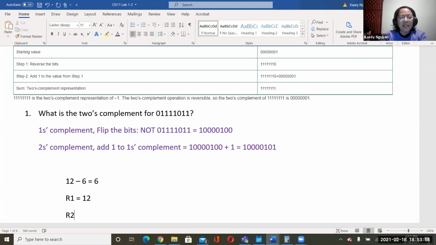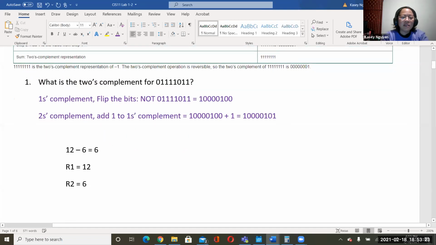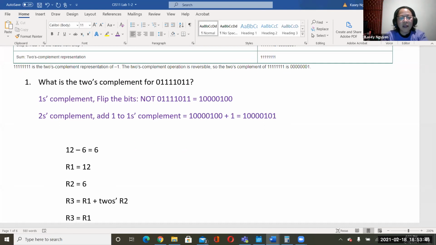The second one, think of R2 as another variable, right? And then you're going to have a third variable that's going to store R1 plus the 2's complement of R2. So how do we do that? We would say R2 is equal to the 2's complement.